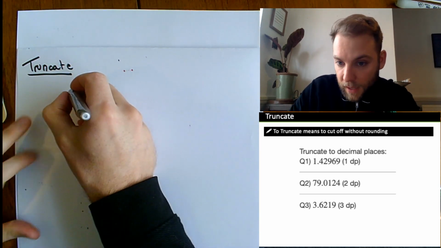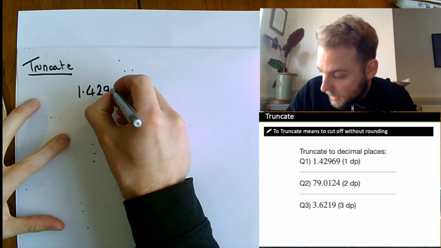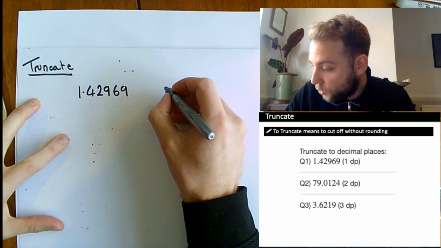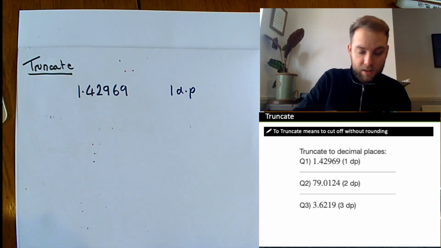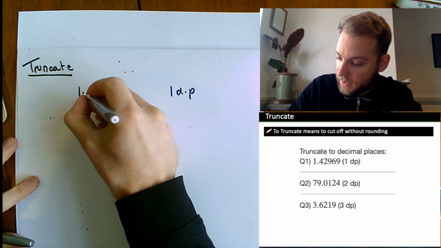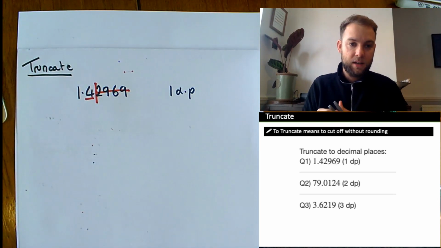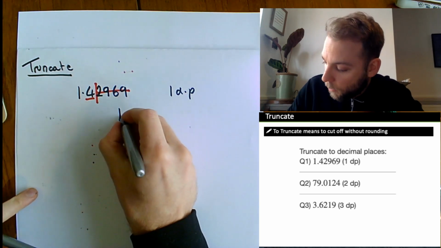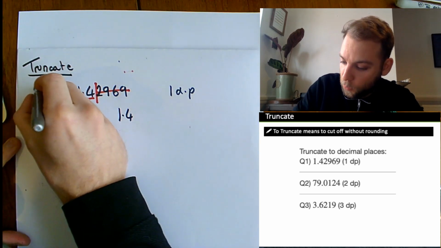So here, if I've got 1.42969, and I want to truncate this to one decimal place. Literally, what I do is I find that first decimal place, which is there, and I just cut off everything from there. So it's literally just 1.4. So that there is example 1.